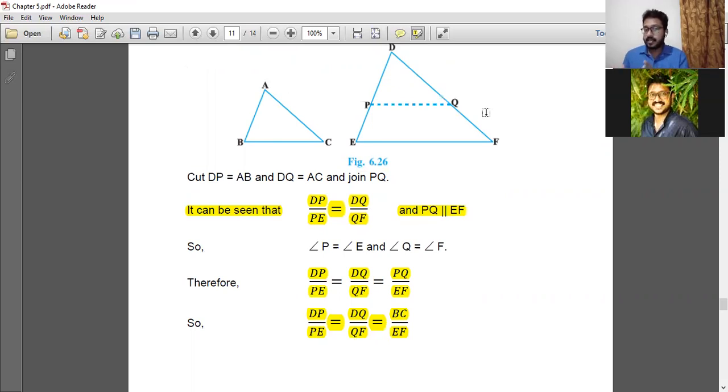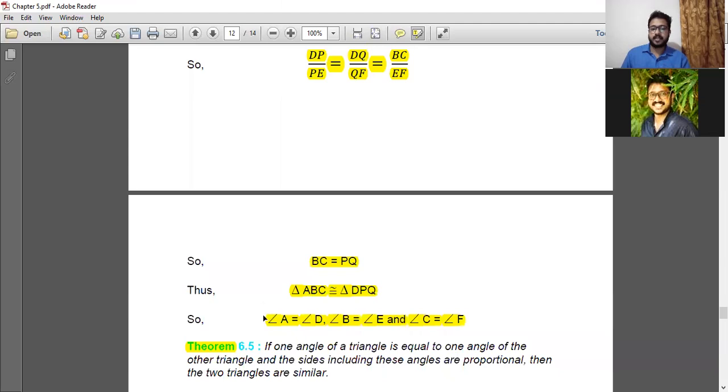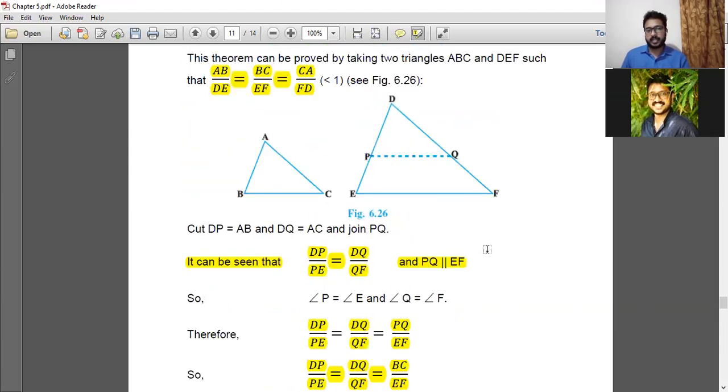Why have we said this? Because triangle ABC is congruent to triangle DPQ, and since these two triangles are congruent, we can extend it to the last case, that is, angle A is equal to angle D, angle B is equal to angle E, angle C is equal to angle F. Clear?